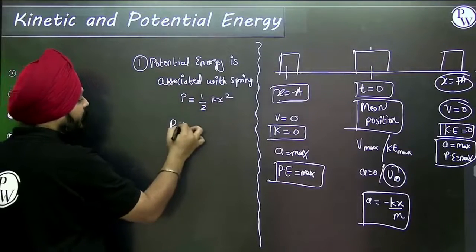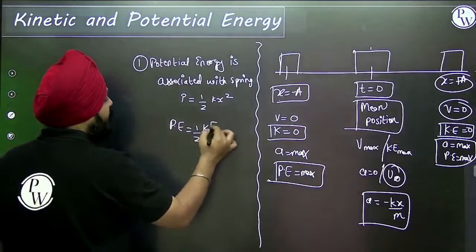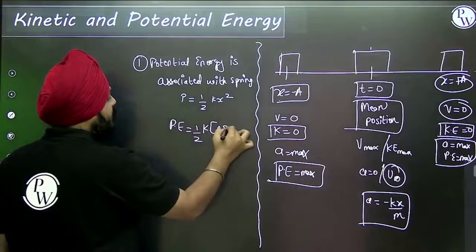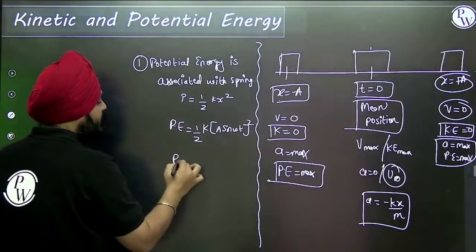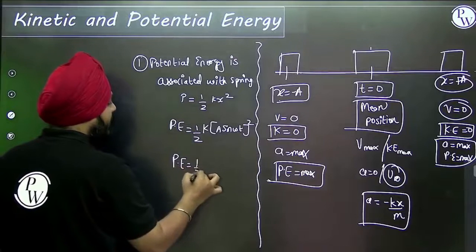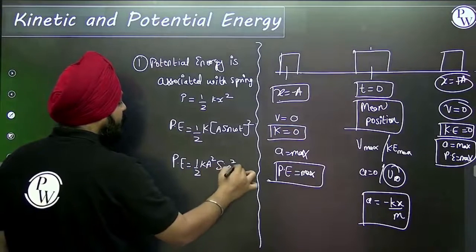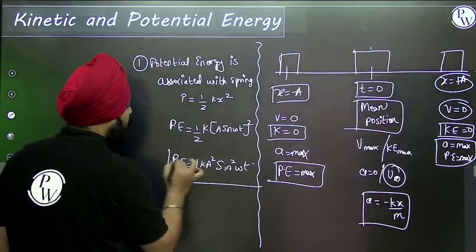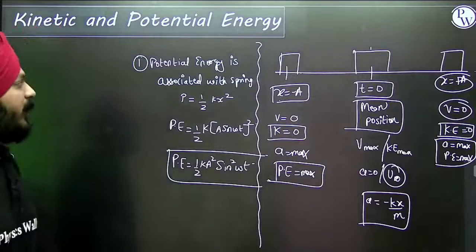In another sense, if you want to replace the value of x, it is half k times a sine of omega t, whole square. So the equation of the potential energy is half k a square sine square omega t.